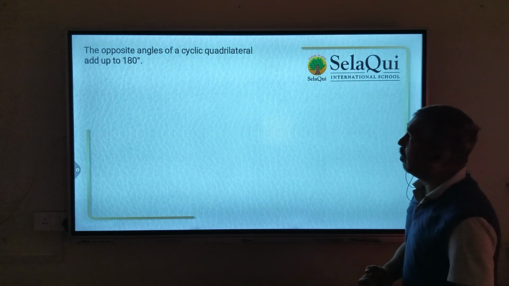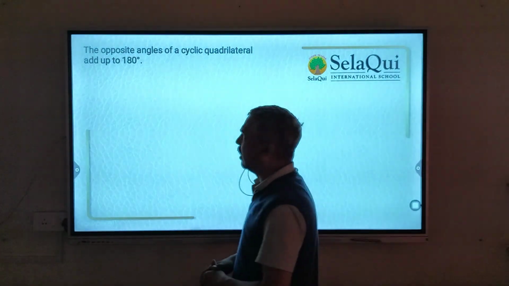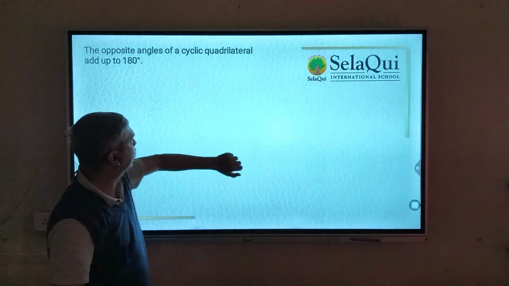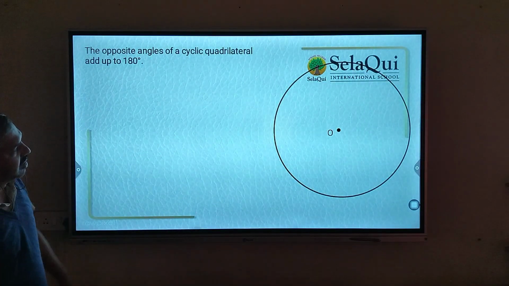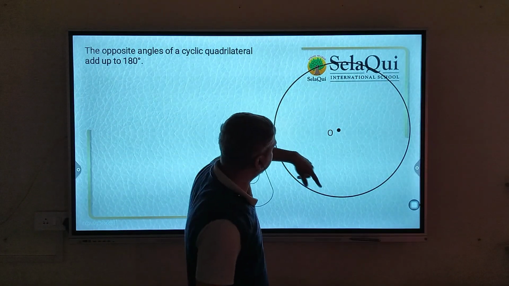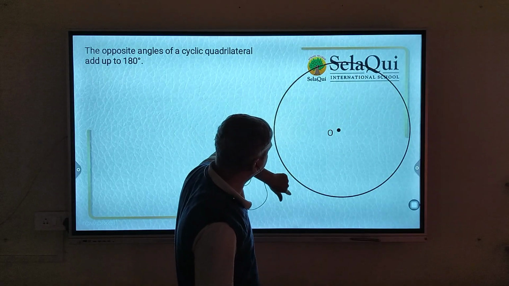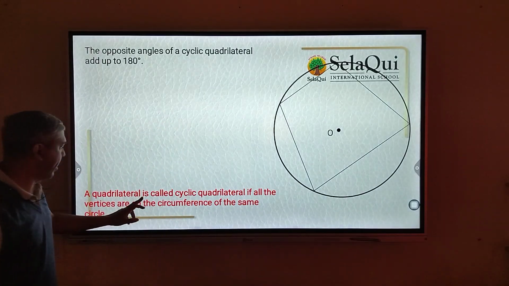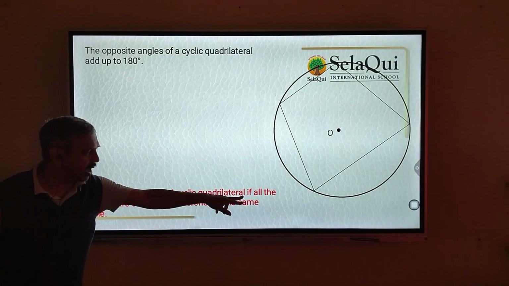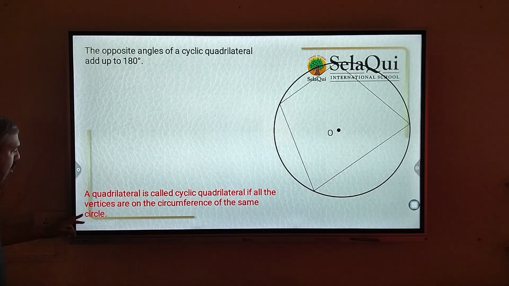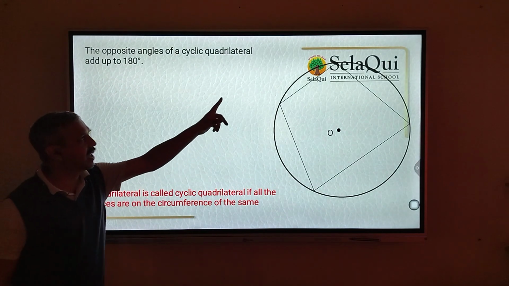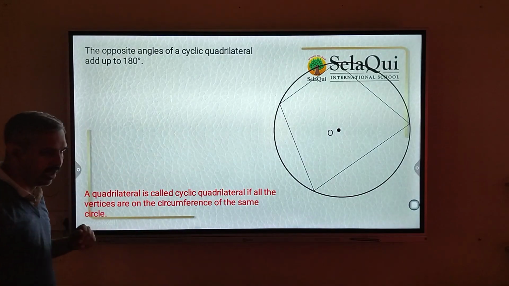Opposite angles of a cyclic quadrilateral add up to 180 degrees. Let's see the diagram. A circle, a quadrilateral, a cyclic quadrilateral. A quadrilateral is called a cyclic quadrilateral if all the vertices of that quadrilateral are on the circumference of the same circle.